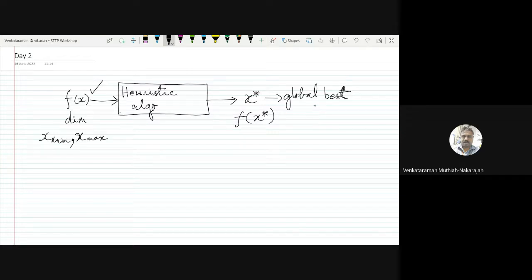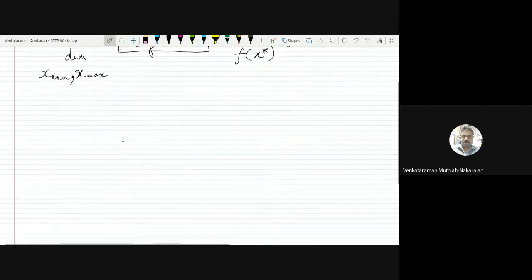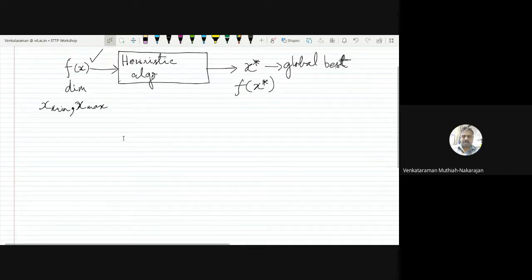And it is not just that you run it once; you have to have a statistical comparison from running multiple times. You know the f of x, you know the dimension, and you know the x min and x max, and you have five such algorithms. I'll call heuristic algorithm HA.